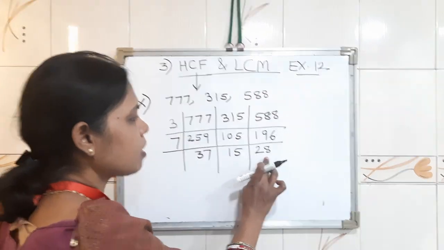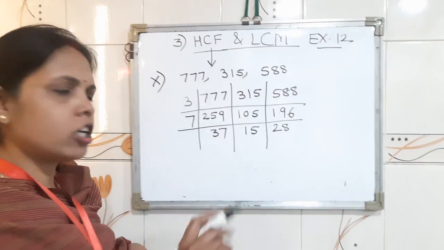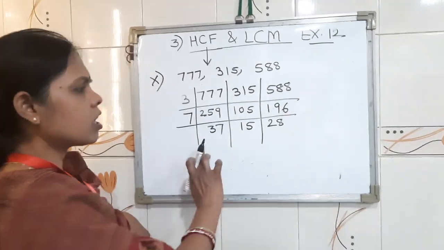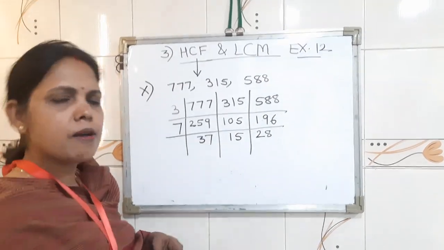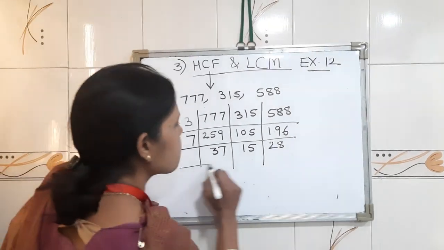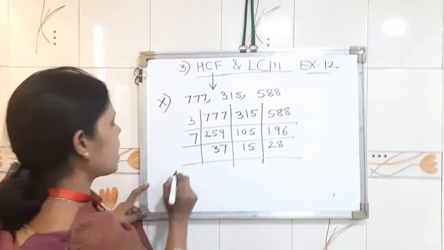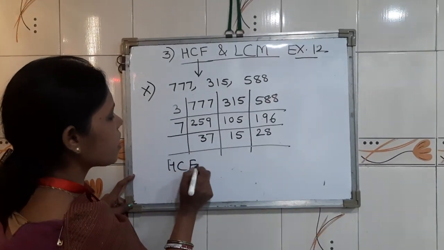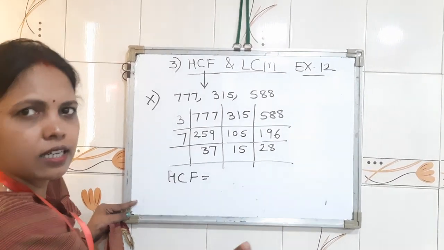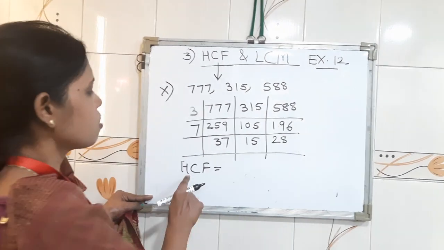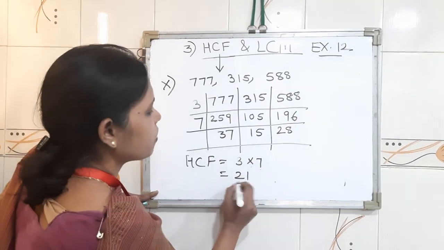If all the given numbers are divisible by one prime factor, then only we take that number. Here, all three numbers are not divisible by one number, because 37 itself is a prime number. Therefore, we will stop here. We write the HCF together, not as a separate common factor. So HCF equals 3 into 7, equals 21.